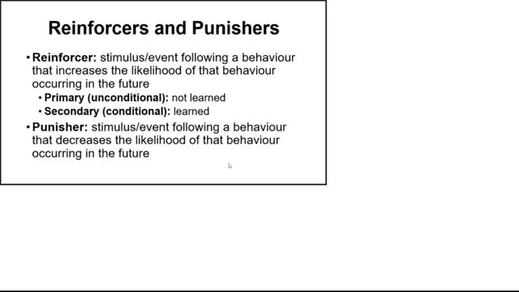So food is a good example of a reinforcer because it makes you more likely to do that behavior so that you get more food. A punisher is the opposite, so a stimulus or event that decreases the likelihood of that behavior occurring in the future. So a loud, scary sound would be a punisher.